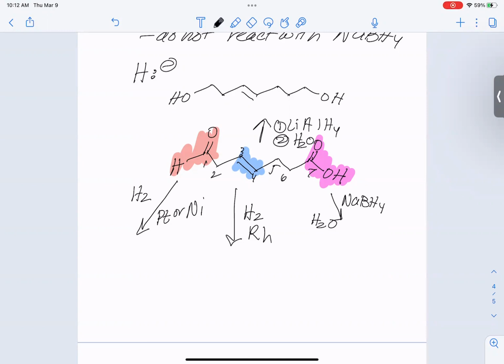All right. H2 over platinum or nickel, right, is going to reduce the aldehyde and the alkene and not the carboxylic acid. If we instead use rhodium, which is less reactive than platinum or nickel, we will keep the aldehyde and only reduce the double bond.